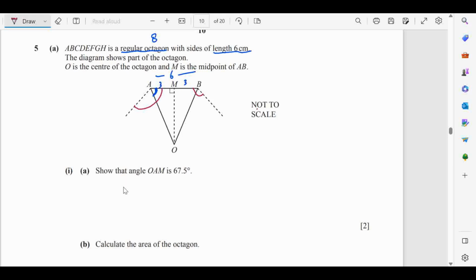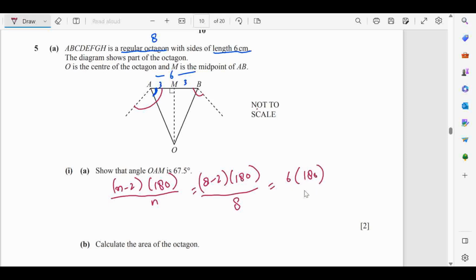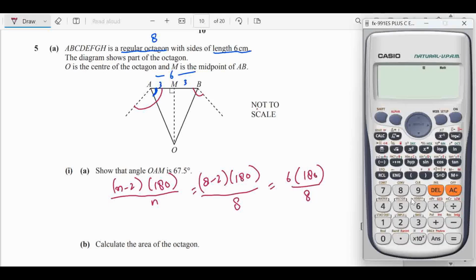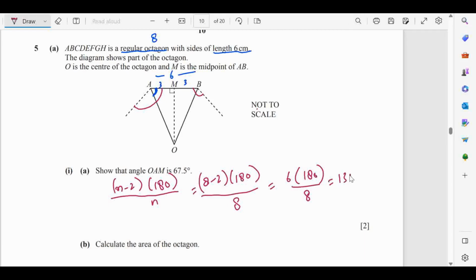We know the formula for each interior angle of a regular polygon is n minus 2 into 180 divided by n. So this will be 8 minus 2 into 180 divided by 8. If we further simplify it, this will be 6 into 180 divided by 8. So this will be equal to 135.